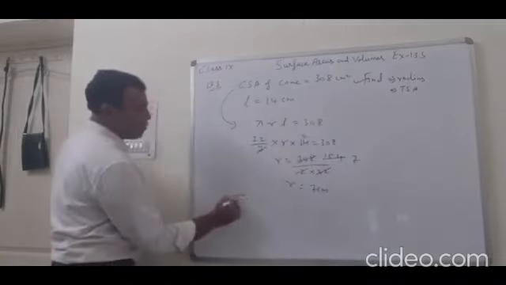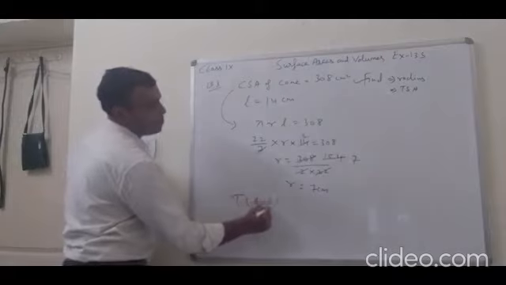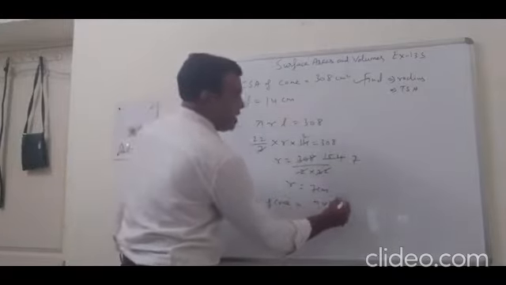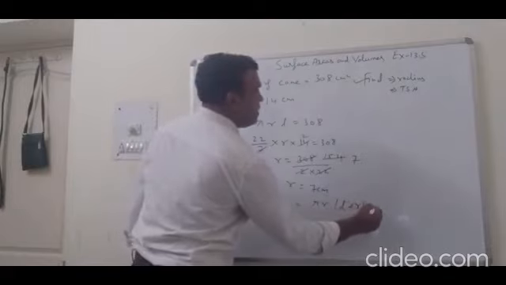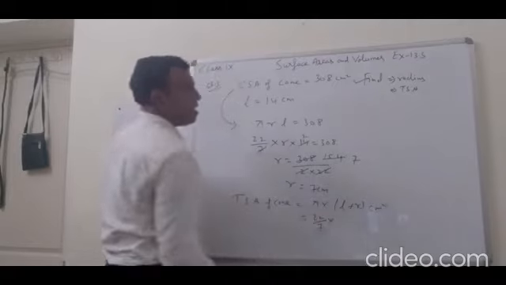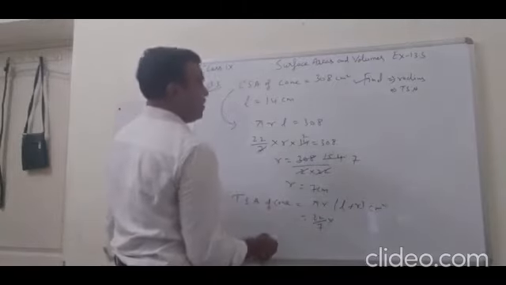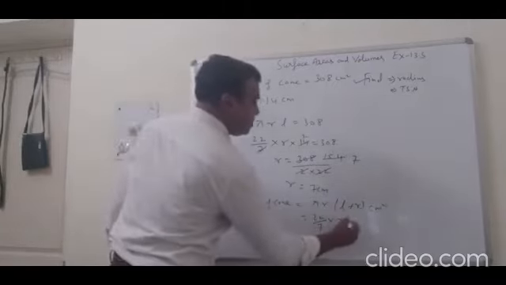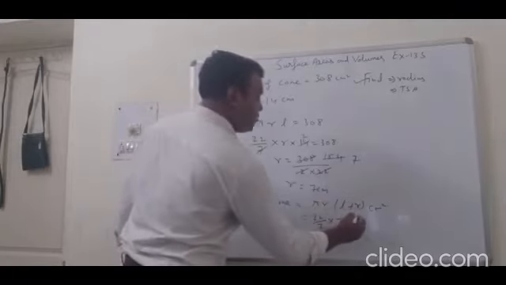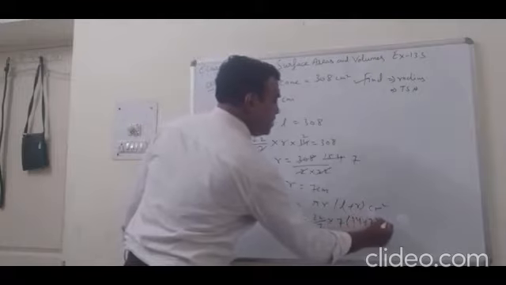Now TSA of cone. TSA of cone is πr(L + r) centimeter square. That is, π is 22/7 and what is r? r is 7, L is 14, plus 7 centimeter square.